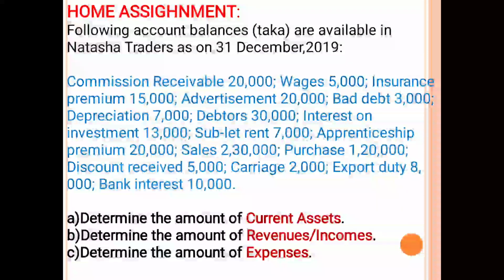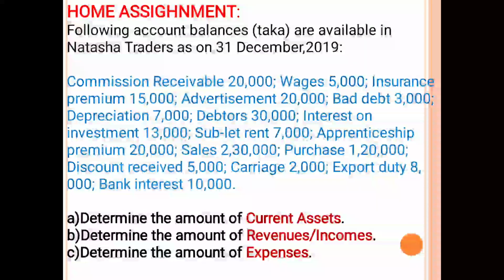Sales: the main source of revenue or income in any business, so it is revenue or income in this math. Purchase: the main source of expenses of any business, so it is an expense. Discount receipt: generally any amount received is treated as revenue or income.